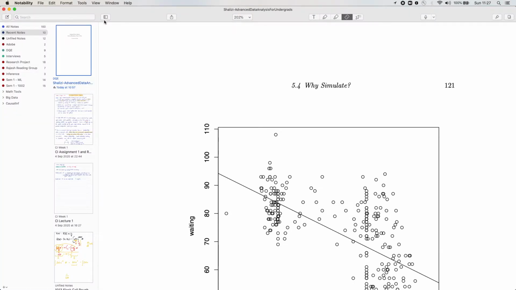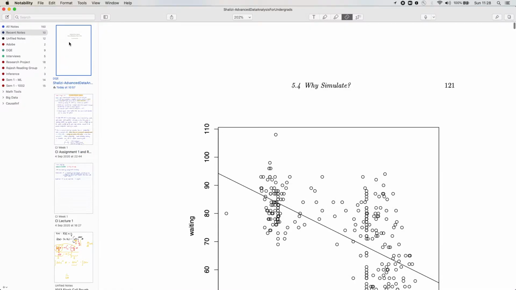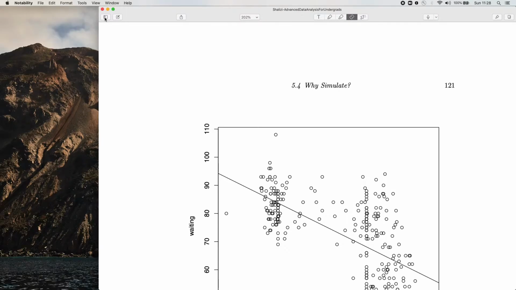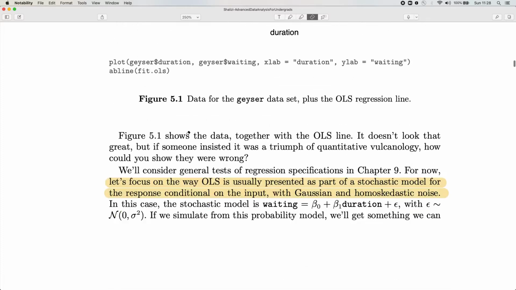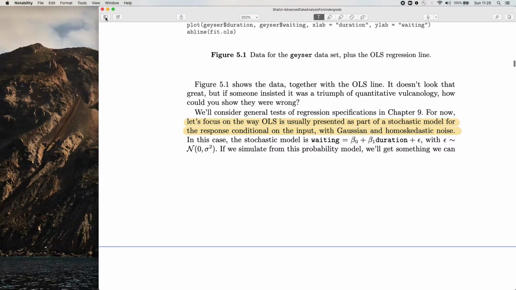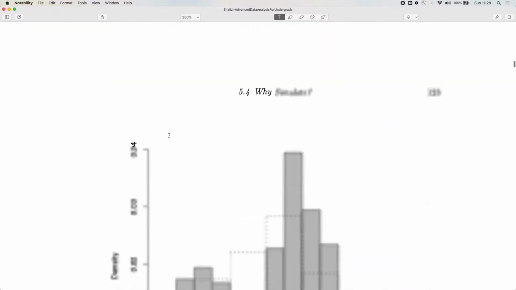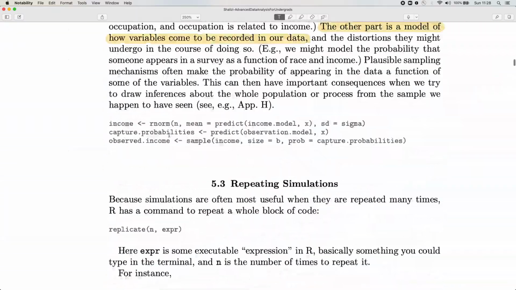Now, assuming this will work, I will start with, what is this? This is different. Okay. No. Okay, so apparently the sidebar does that.